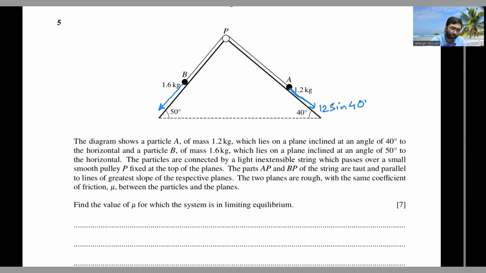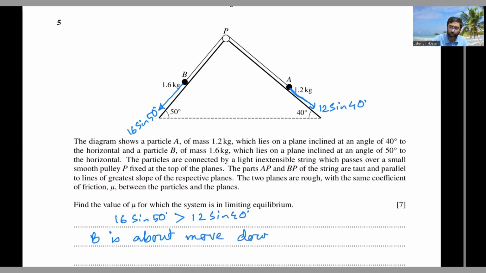And for B, it is 16 sin 50. Obviously, 16 sin 50 is greater than 12 sin 40. So B is about to move down the plane.